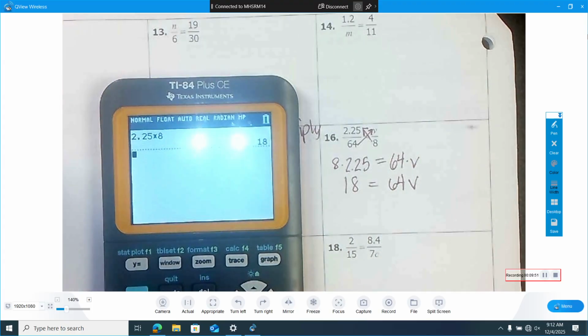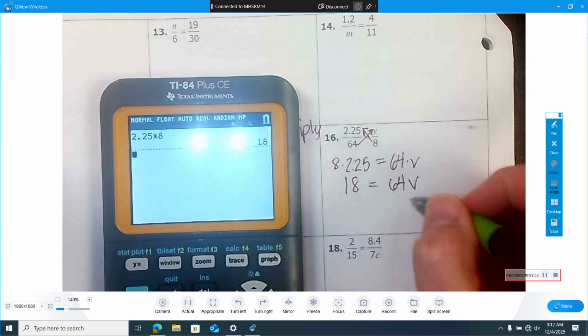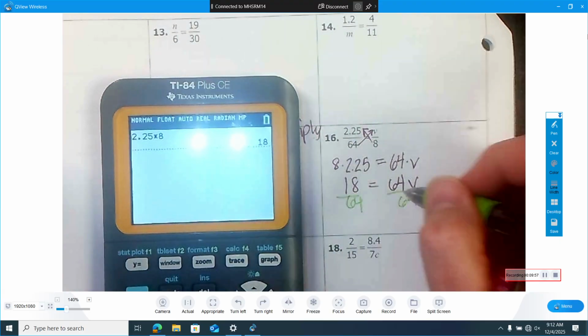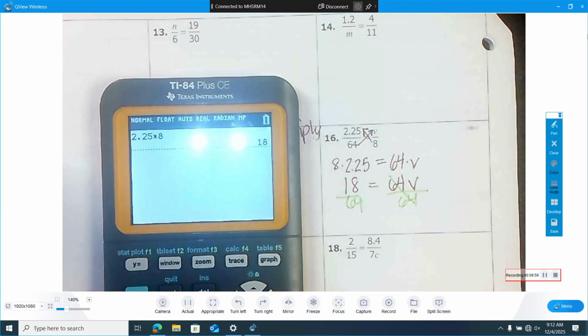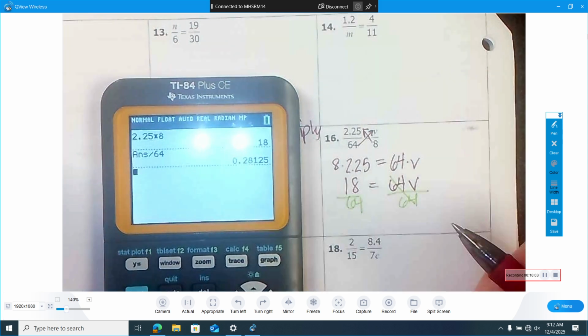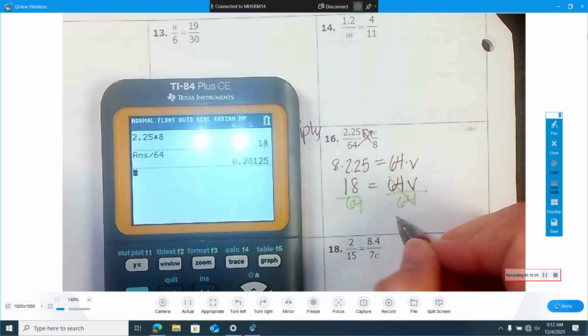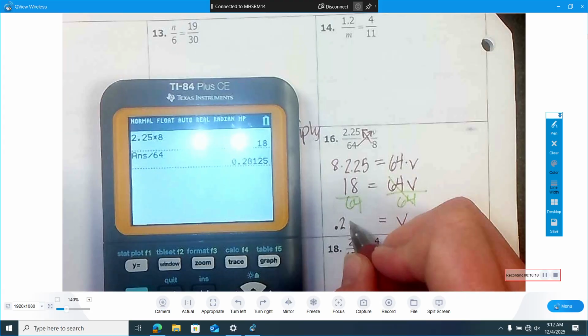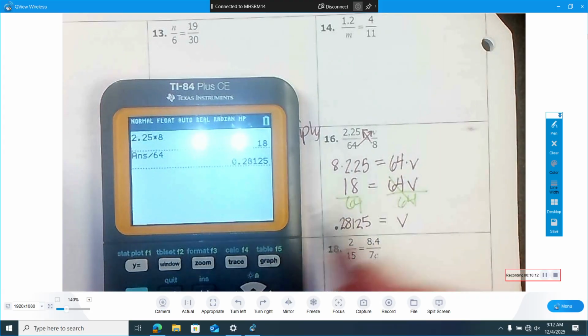Jace, how do I get V by itself? Great. Divide by 64. Is this answer going to be more than 1 or less than 1? Less than 1. Okay. So 18 divided by 64, I get a crazy kind of decimal, but that's okay. Why is it okay? Because it stops.